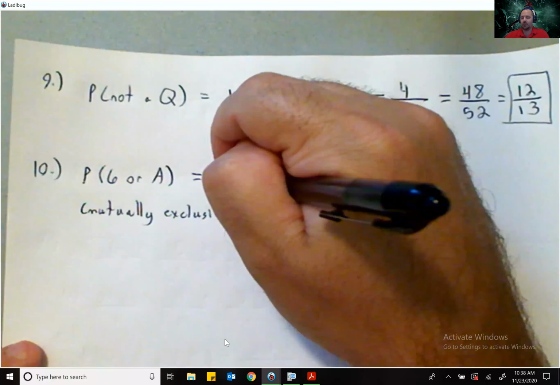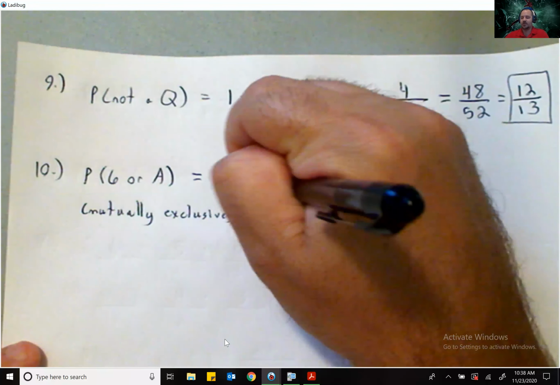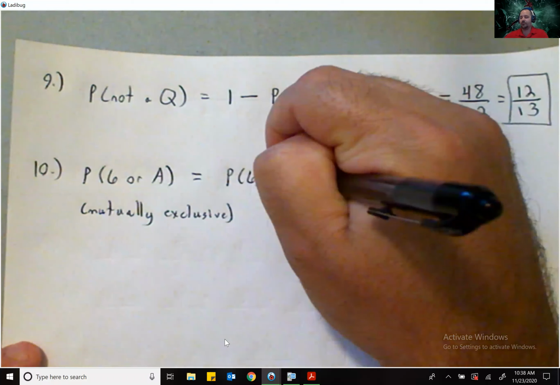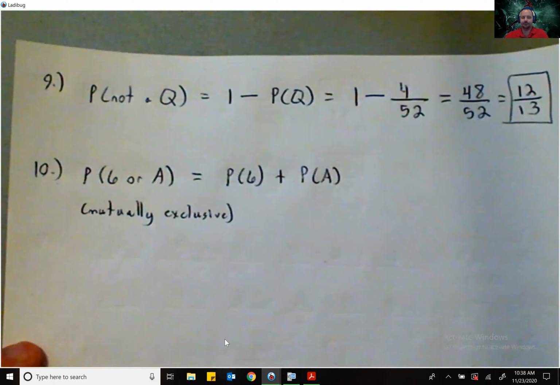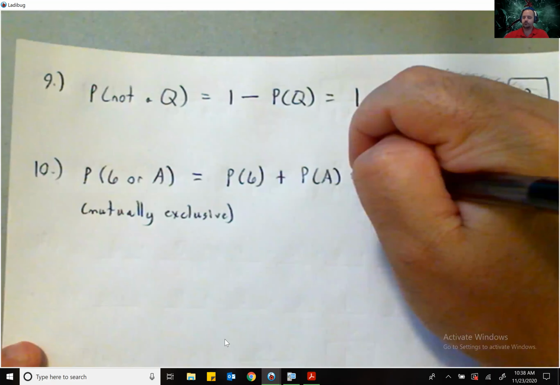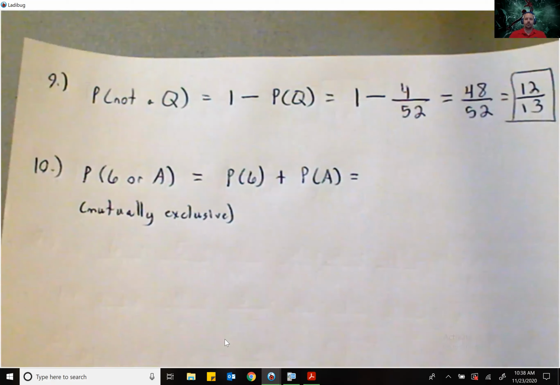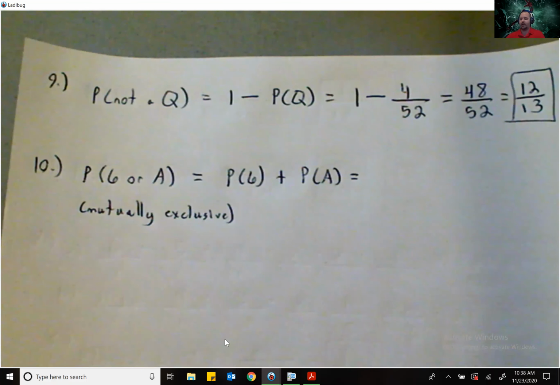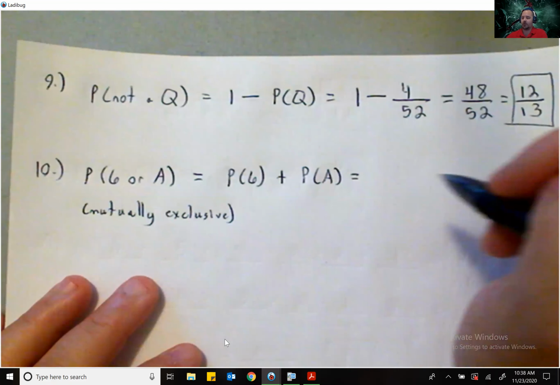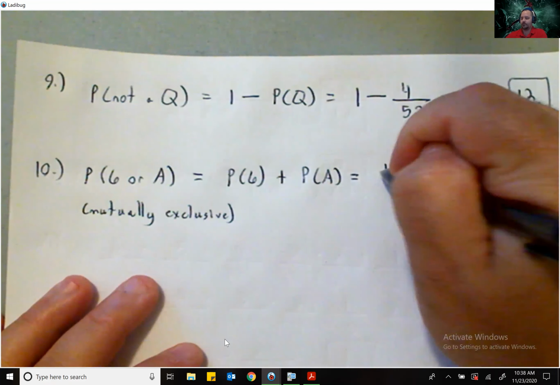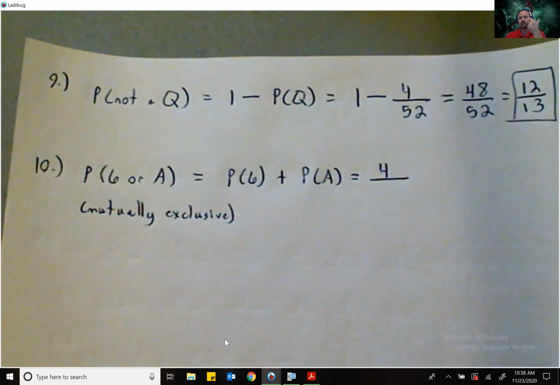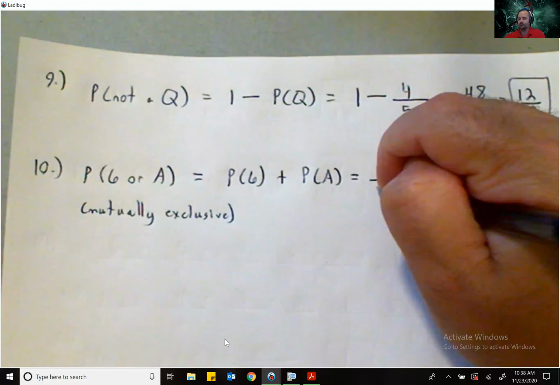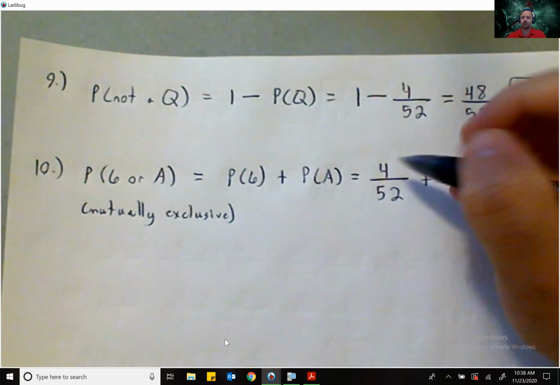So all we have to do then is find the probability of a 6, and we're going to add that with the probability of an ace. That's it. So the probability of a 6, well, how many cards are 6 in a deck of cards? There are 4: the 6 of hearts, the 6 of diamonds, the 6 of spades, the 6 of clubs. There are 4 out of 52. Plus, what's the probability of an ace?